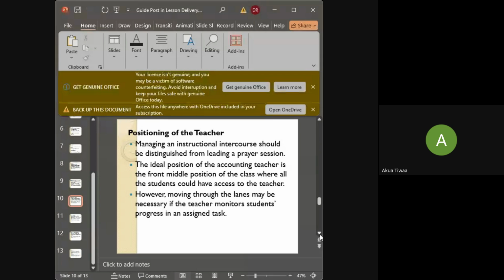And then when you need to do some rough work, where do you do it? The extreme end of the board. Good. So you see, you have divided it into three, so you start from the middle.